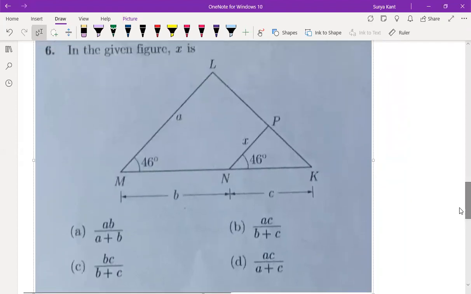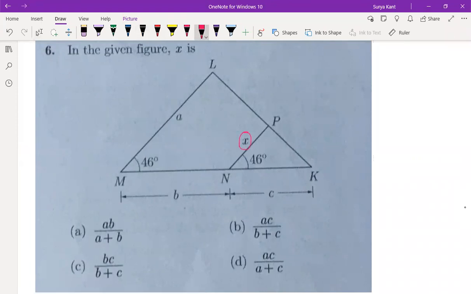See here in the given figure, what is x?